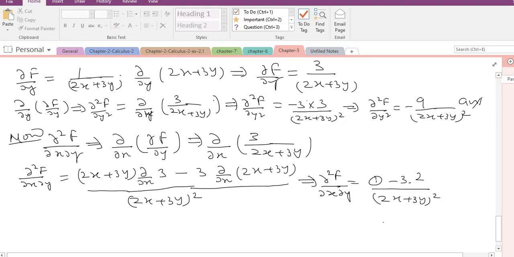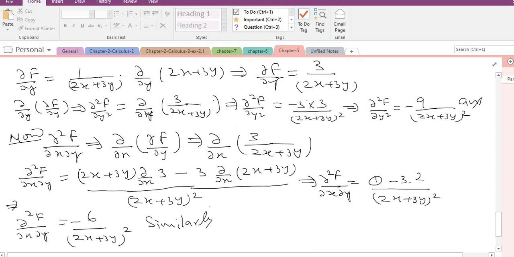So we will get del 2f del x del y is equal to minus 6 divided by 2x plus 3y power 2. Similarly, we can say del 2f del y del x is minus 6 divided by 2x plus 3y power 2. This is the answer of that question.